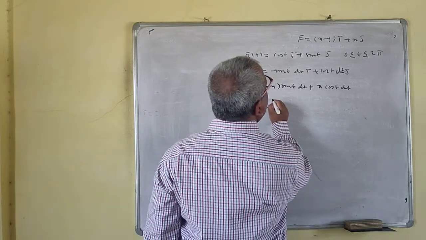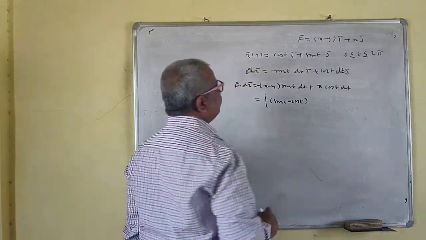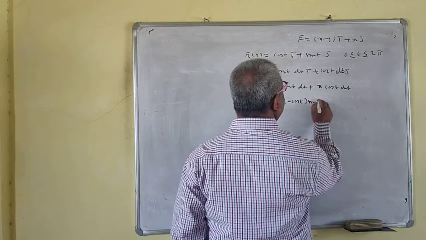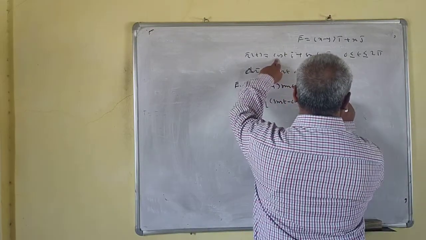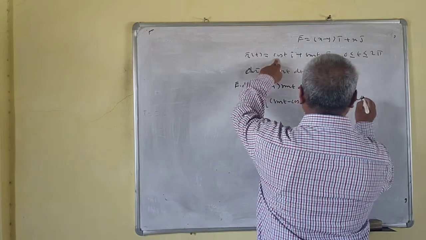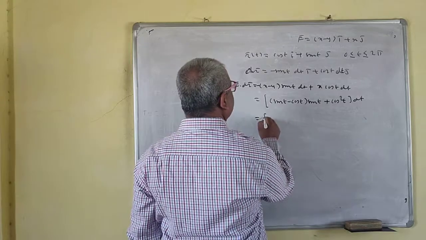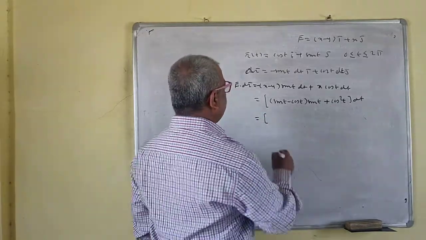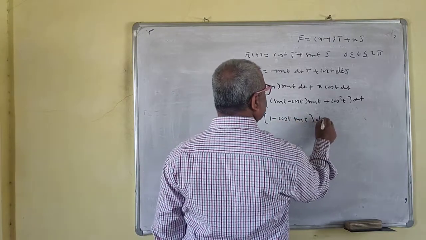Your y is what? y is sin t, so y minus x into sin t plus x is what? Your x is cos t, so this is cos square t dt. Now sin square t plus cos square t is 1, so 1 minus cos t sin t dt.